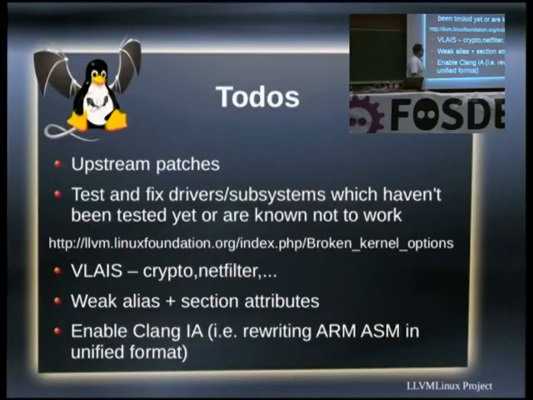A difference in Clang is weak alias and section attributes. The kernel uses that when we do the driver modules. We assign the module init, and once we make this connection, we use a weak alias.